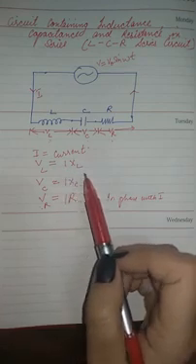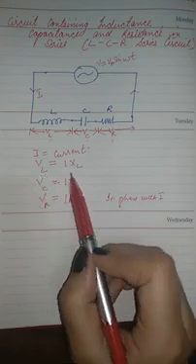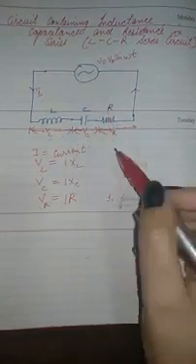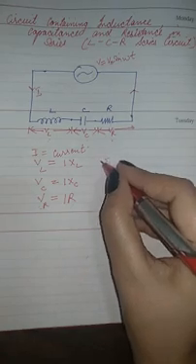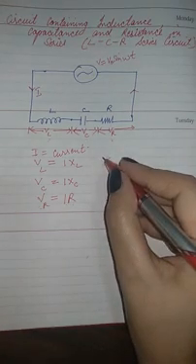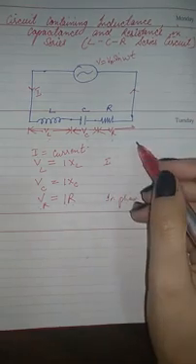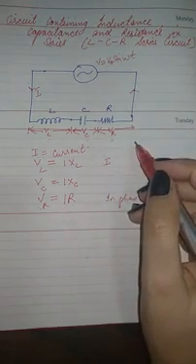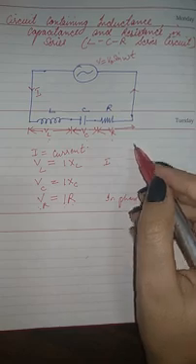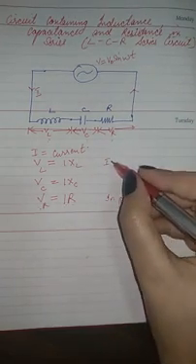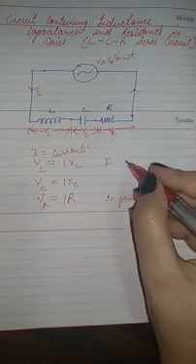Now what we can see in the VL circuit is, when there is an inductor connected to a voltage, the current flowing through the inductor will be out of phase. That means the phase will not be the same. The VL will lead I by pi by 2, or 90 degrees.